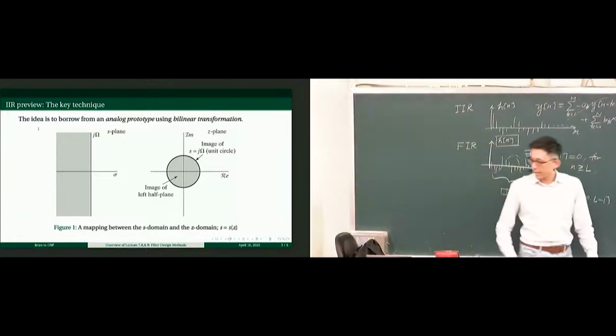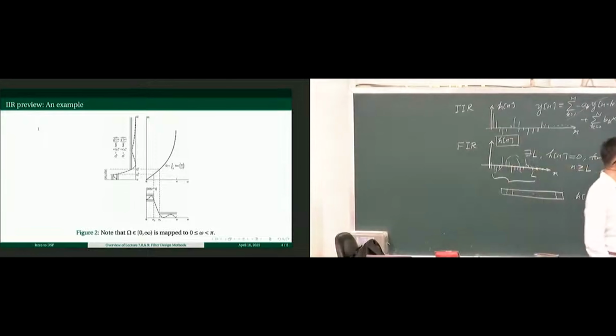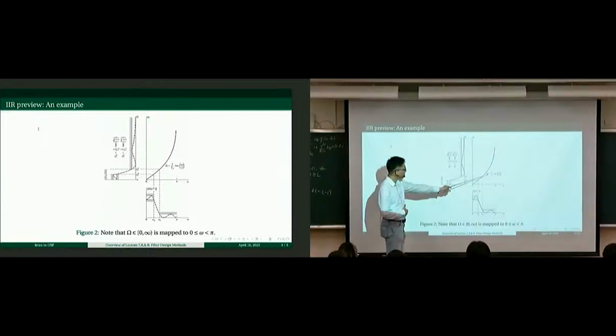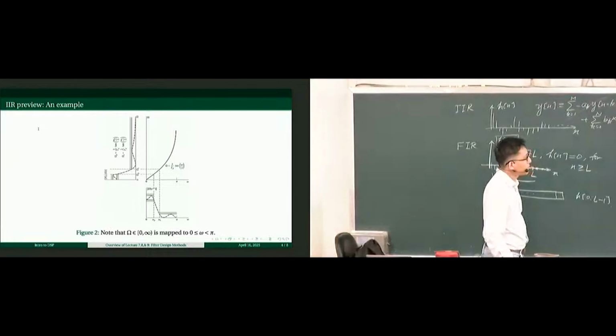That's what the next slide is showing: the bilinear transformation leads to this relation between big omega and small omega. It's a little small, I apologize for that. It's going to be a relation of tangent.